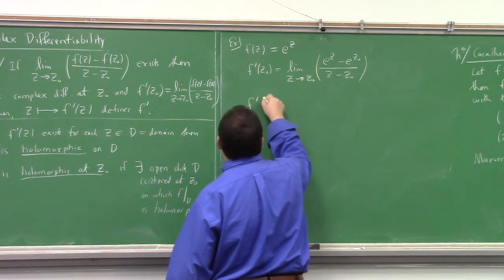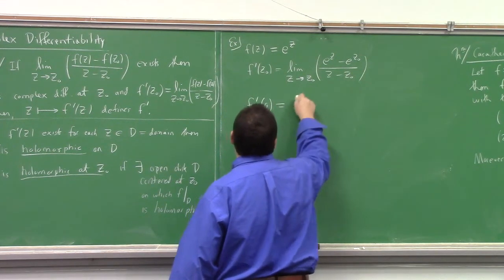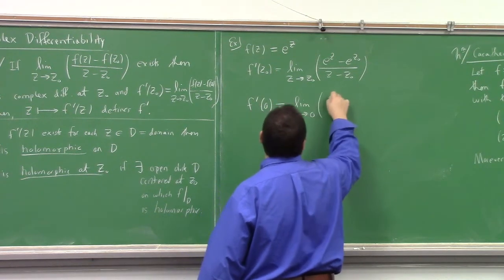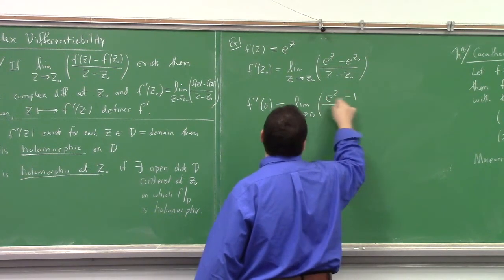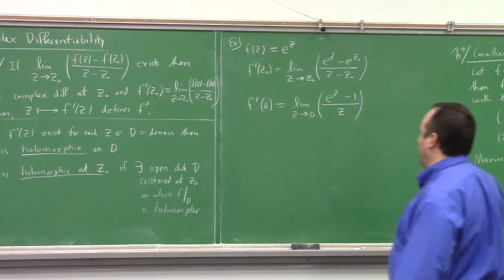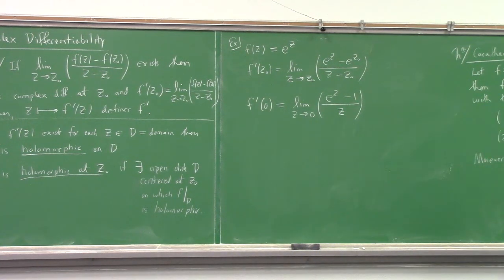Can you even hack your way through this? f prime of 0 should be the limit as z goes to 0 of e to the z minus 1 over z. So if we knew L'Hopital's rule, then it seems like a piece of cake, but we have no such technology. So how exactly would you calculate the derivative of the exponential here?